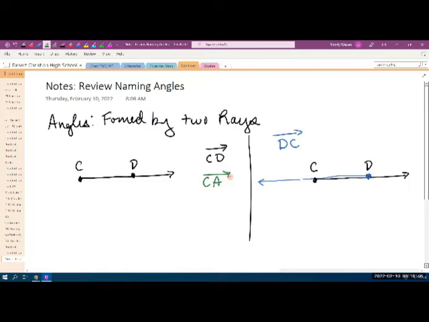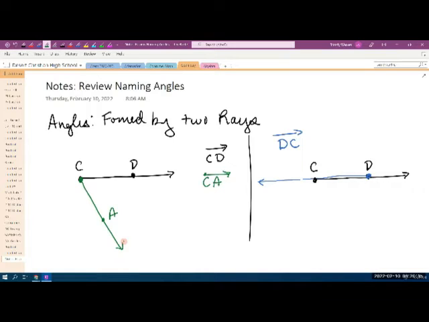Okay, so that means somewhere out here I have some point A, and my ray starts at C. That's still the endpoint because it's the first letter in the ray, and passes through A and continues infinitely in some direction. That's our ray CA. And if we use K, then we make everything rhyme.